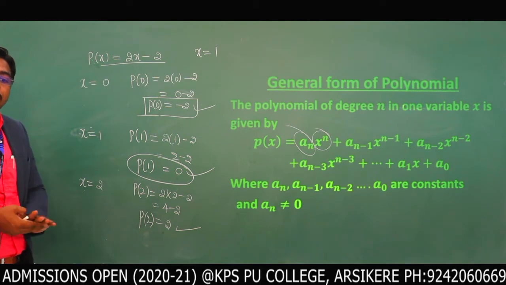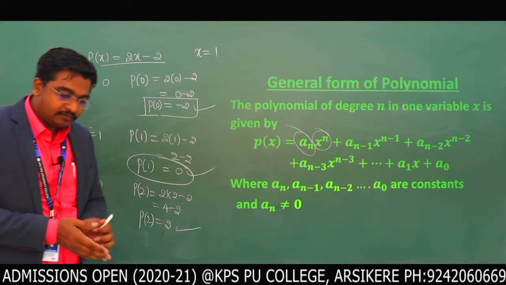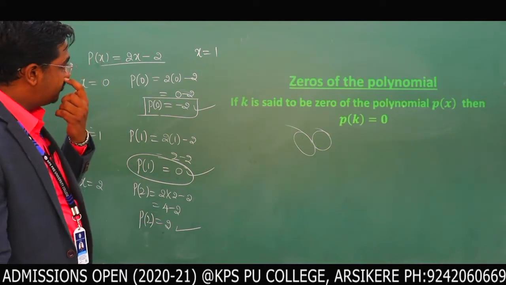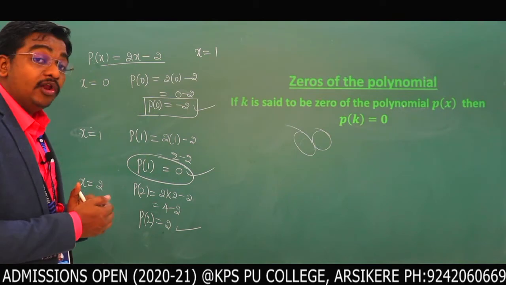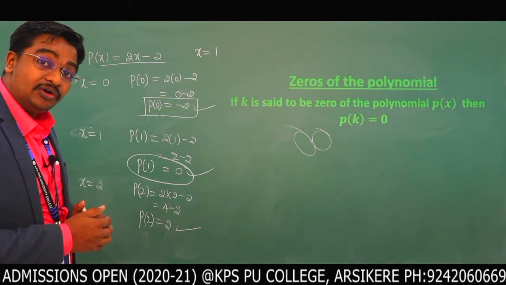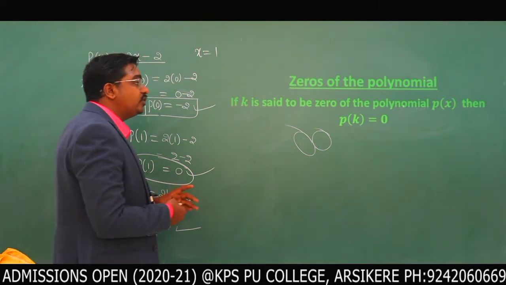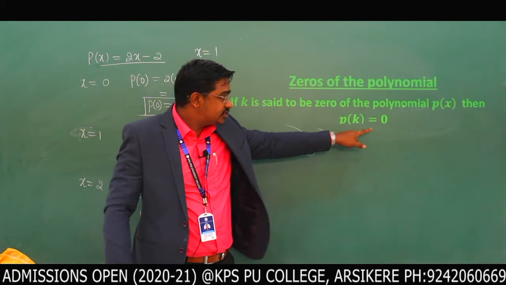This is called the zero of the polynomial. So what about the general form? Look here. If k is said to be a zero of the polynomial p of x, if p of k is equal to 0, it means when you substitute x is equal to k, the entire value of the polynomial reduces to 0.